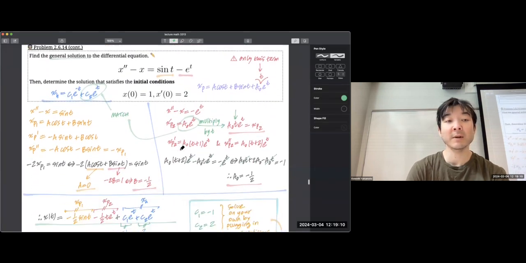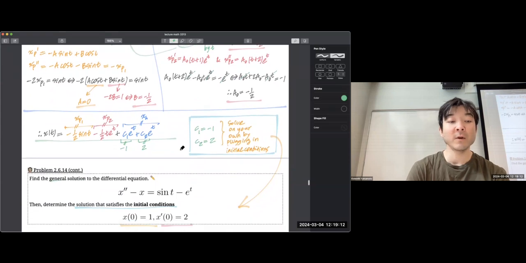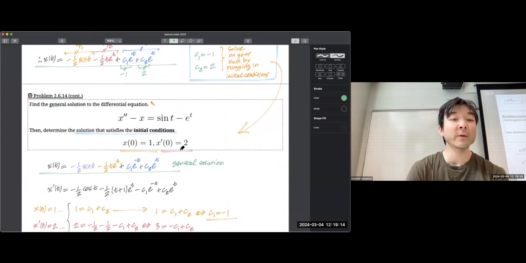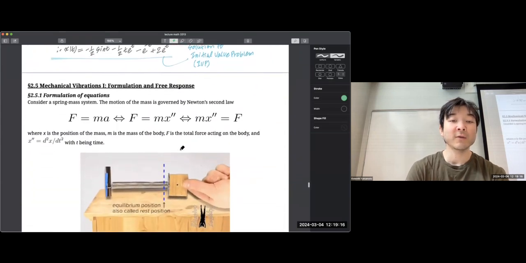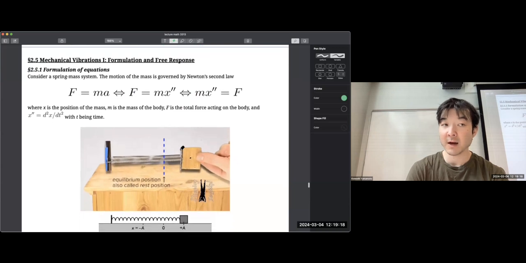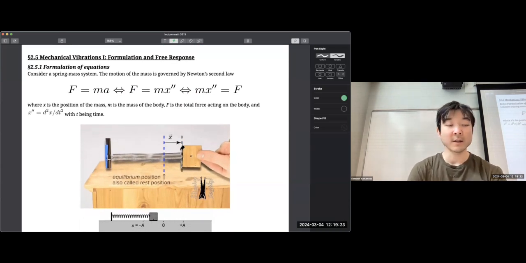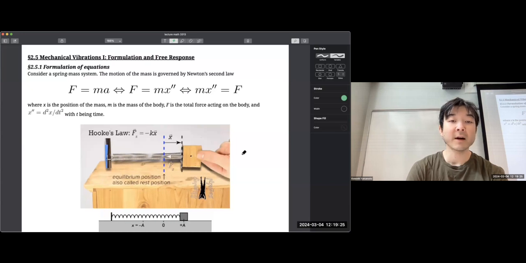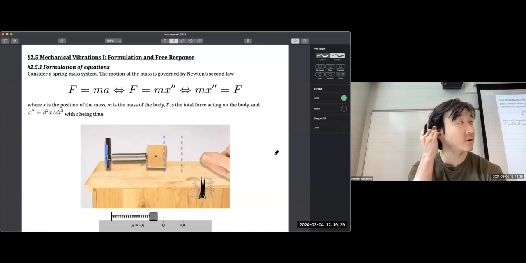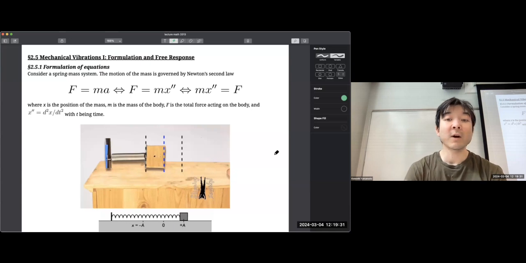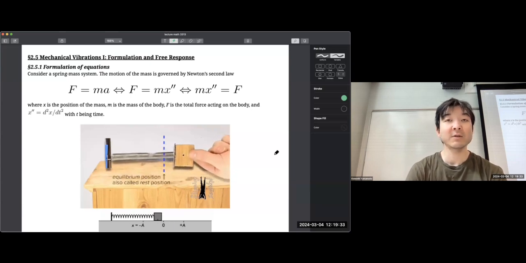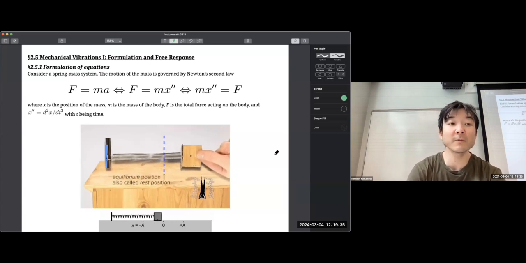So we're going to jump into applications. You might have noticed that I went from 2.4 to 2.6 and skipped 2.5, but we're going to come back to 2.5 now because I thought it would be nice to get done with all the math and then come back to applications. This way we'll do 2.5 and then I think we'll do 2.7 right away together, rather than have 2.6 sandwiched between those two.